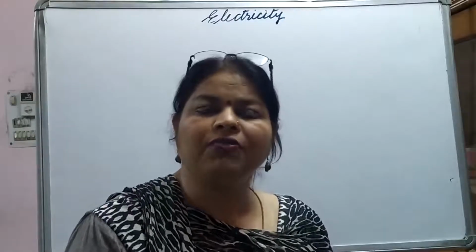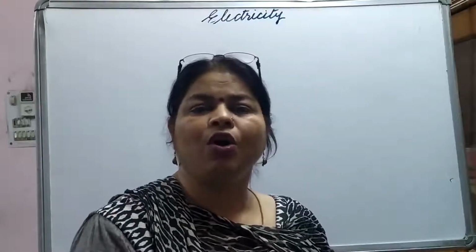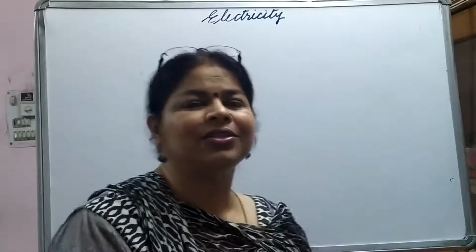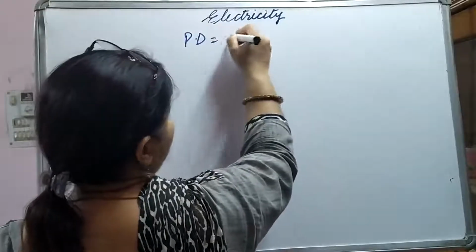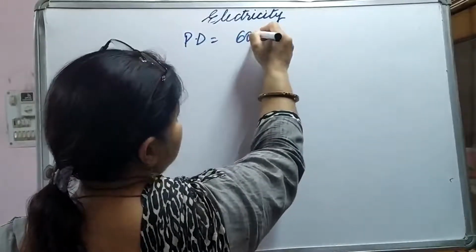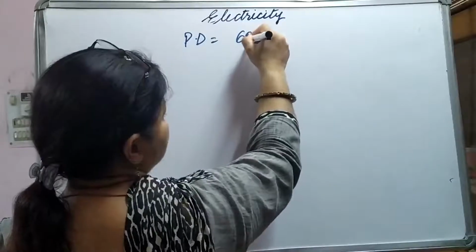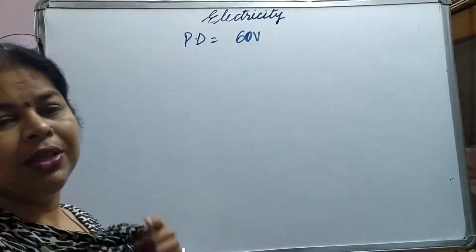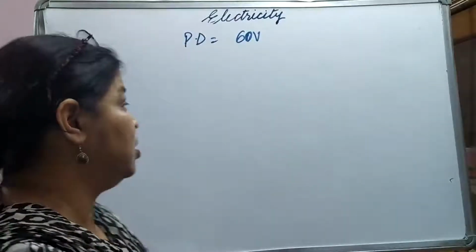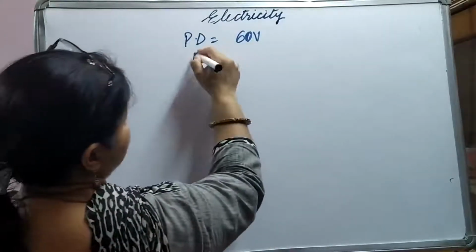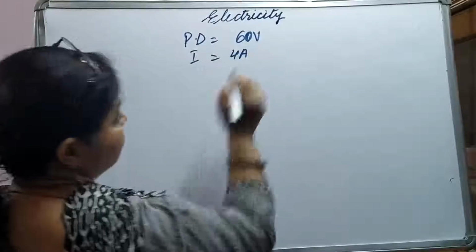The potential difference between the terminals of an electric heater is 60 volt. So straight away PD, potential difference, is equal to 60 volt. Then next, when it draws a current of 4 ampere, so I is equal to 4 ampere.